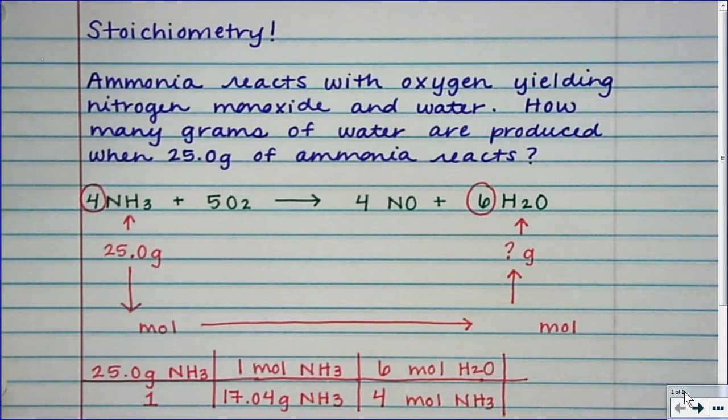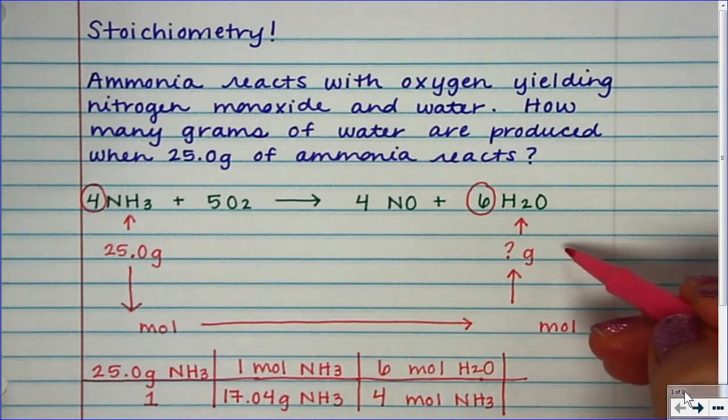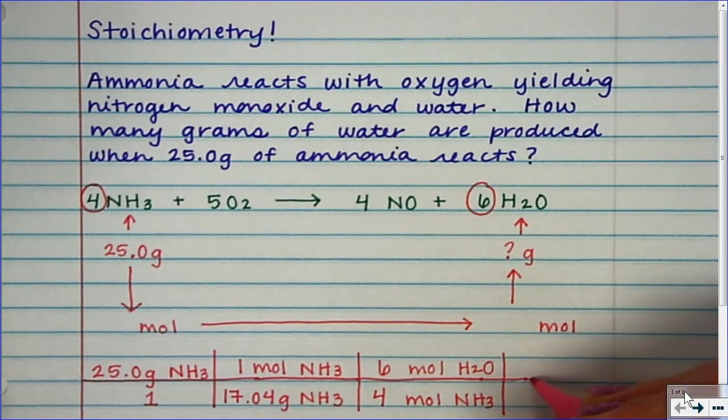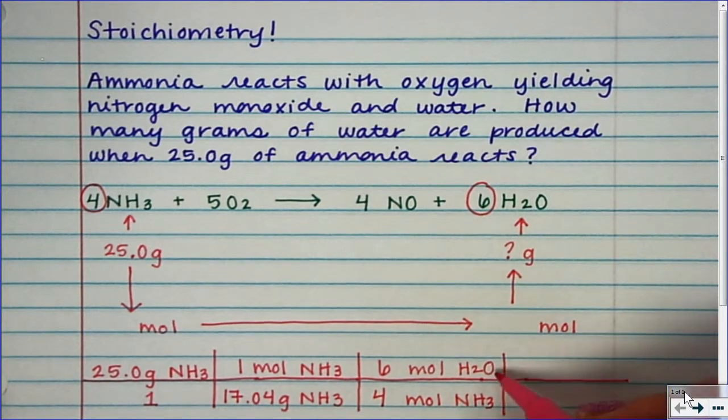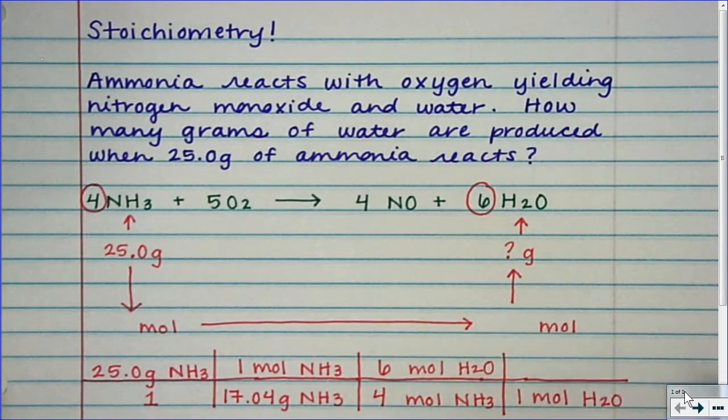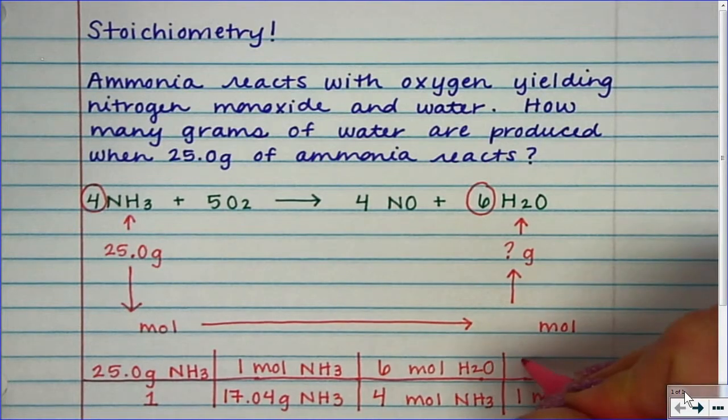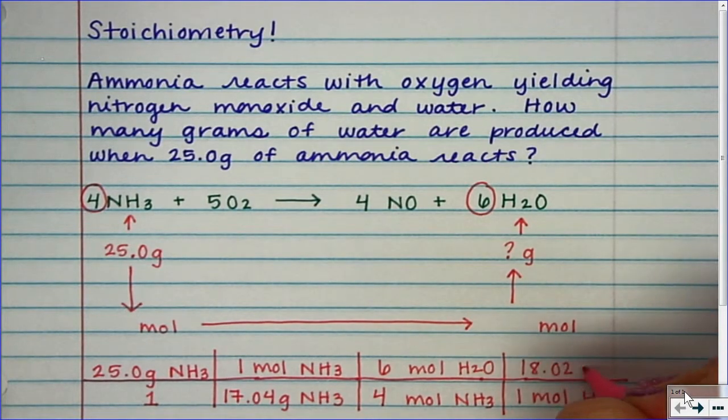So the next thing we have to do is finish this up going from moles to grams. So we need the molecular weight of water, which I already have calculated here. And so since we have moles of water on top, molecular weight is always 1 mole, and this will be of water. The molar mass of this is 18.02 grams of water.